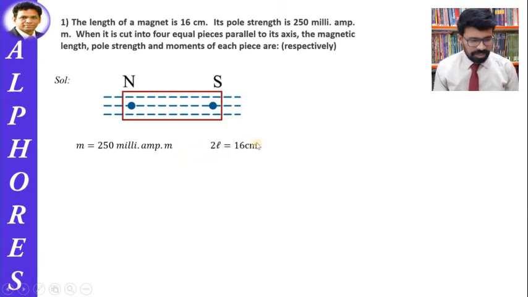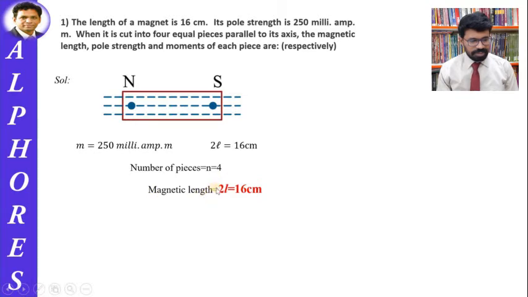The length of the magnet is given as 2L equal to 16 centimeters. Into how many pieces was this magnet cut? Into 4 pieces. So the magnetic length 2L is 16 centimeters. Here the pole strength of each piece becomes 1/4.